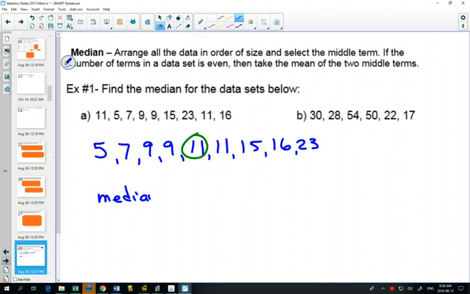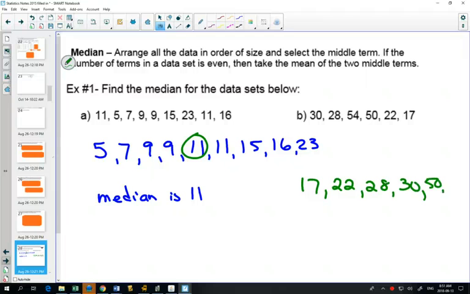Good questions coming up. In our next set of data, I'll do this one in green, 17 first. There is no number in the middle because with an even number, it happens to be right there.